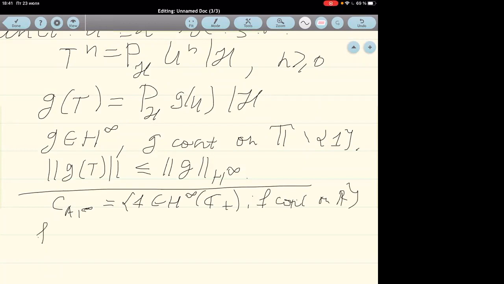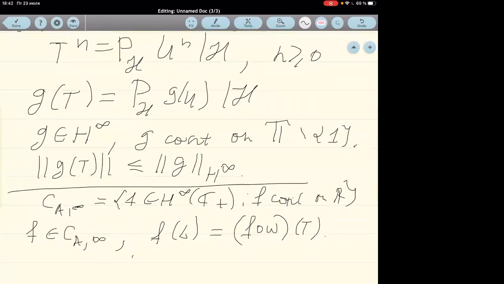Then, if f belongs to this class, we put f of L, by definition, to be the following. We consider the conformal map omega from the unit disk to the upper half plane, consider the composed function f of omega, and apply it to the contraction T, where T is the Cayley transform of L. Well, let me remind you that omega of zeta is by definition i times (1 plus zeta) divided by (1 minus zeta).